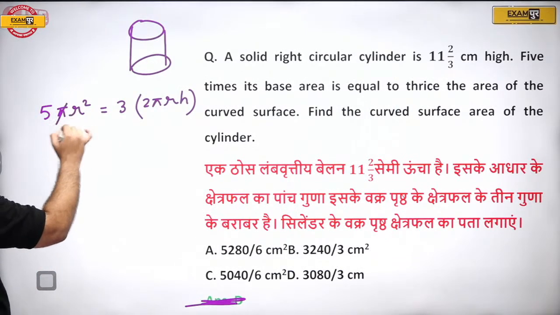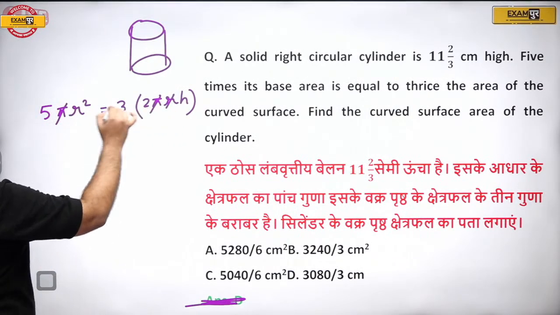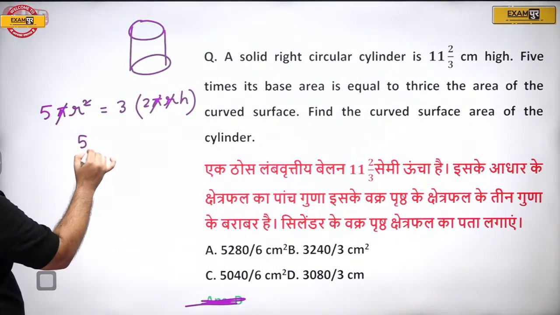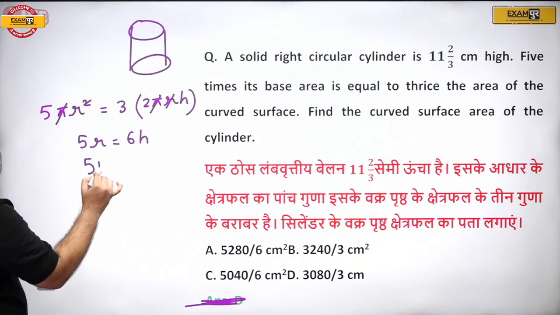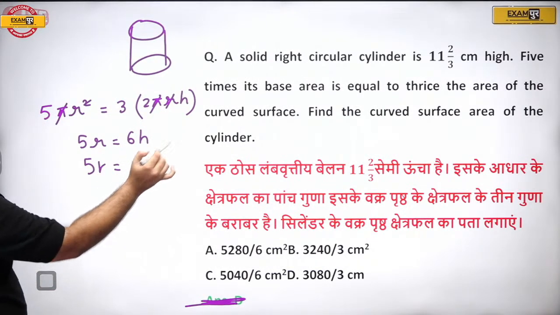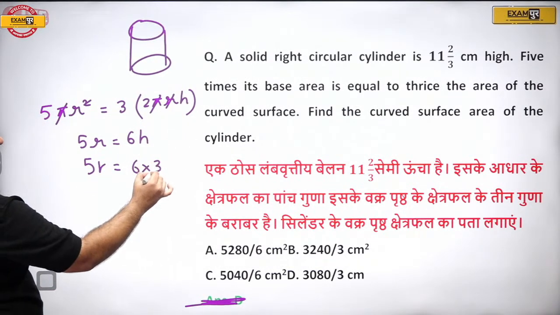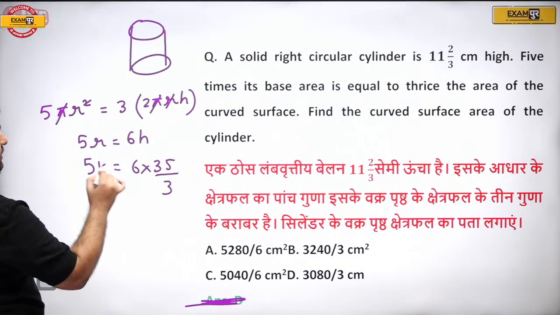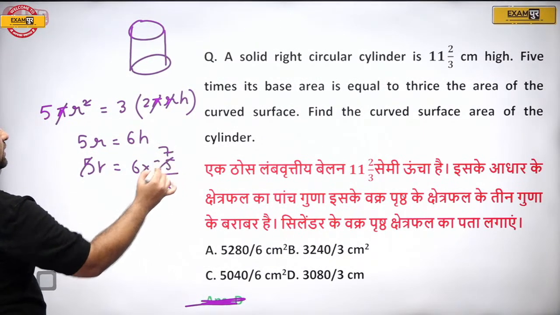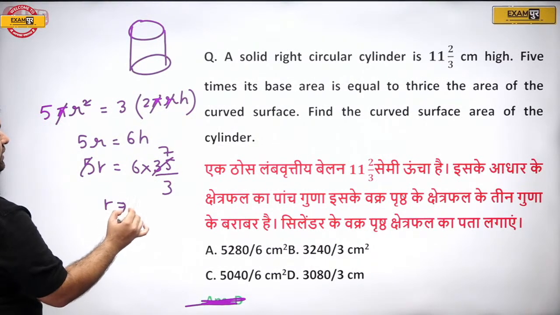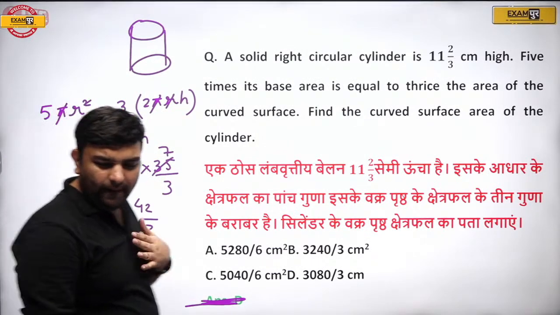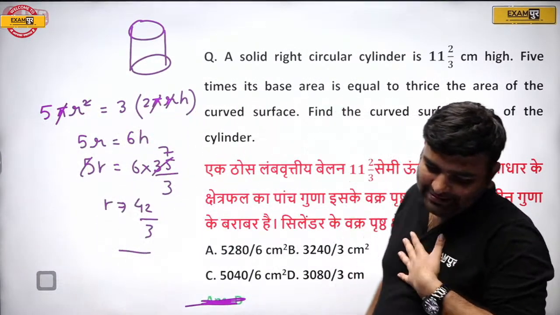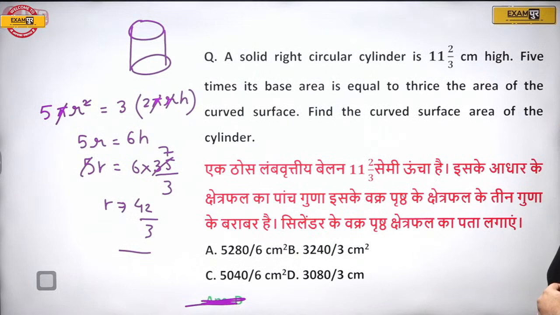So 5r is equal to 6h. Height is already given to you. Height is 33 plus 2, 35. Divide by 3. So radius comes out to be, is it 42 by 3? Oh my God. What is this radius?